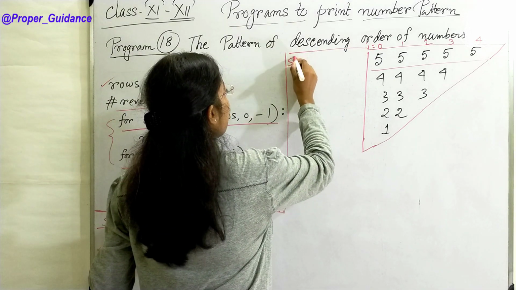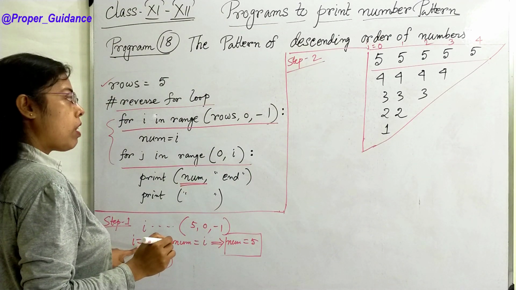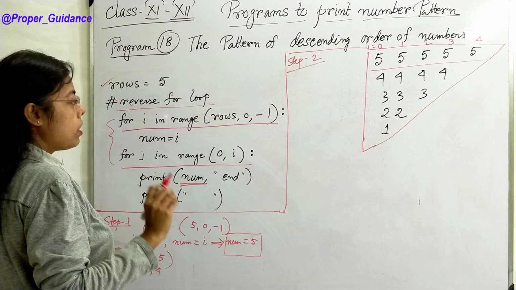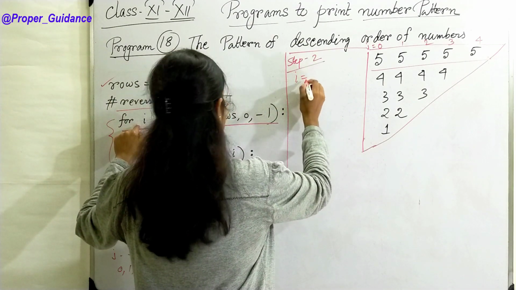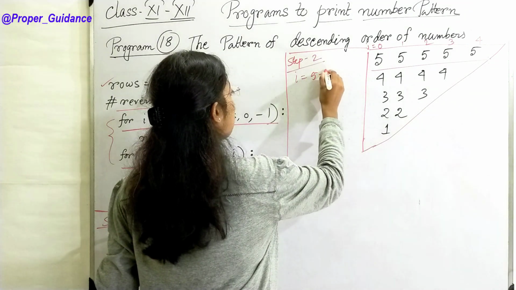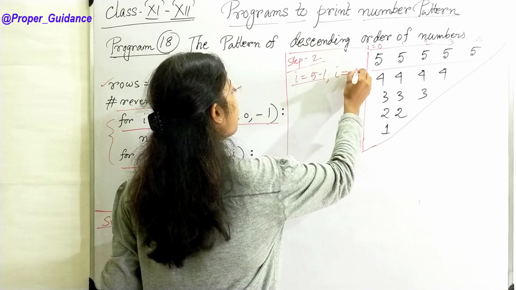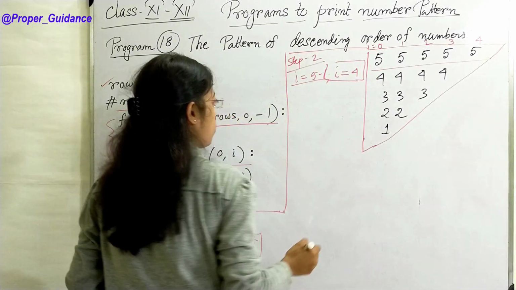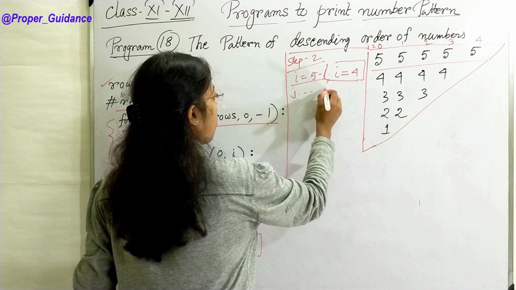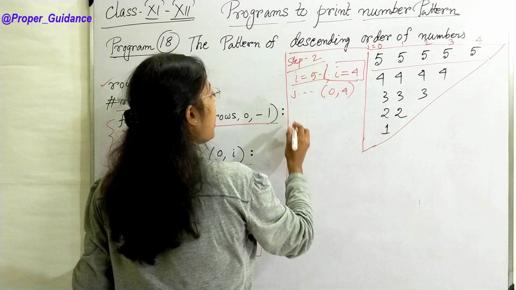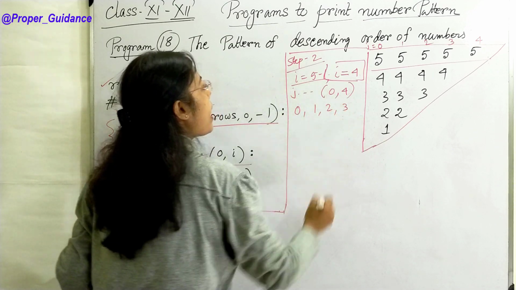Step 2. In step 2, the value of i will change to rows minus 1 because this is a reverse for loop. So i equals 5 minus 1, that is i equals 4. When i equals 4, j is ranging from 0 to 4, so we get the values for j: 0, 1, 2 and 3.